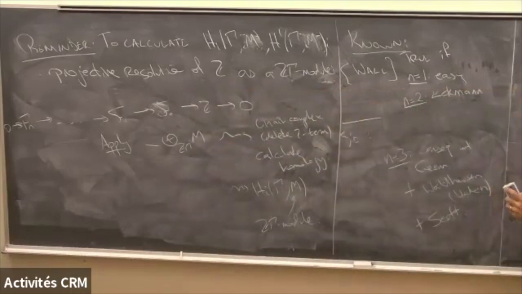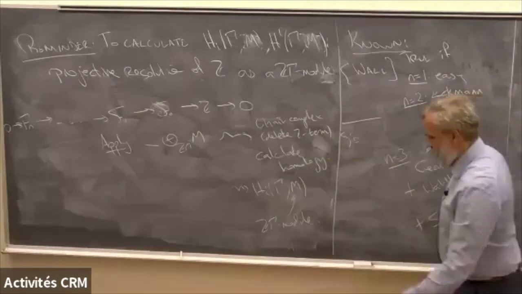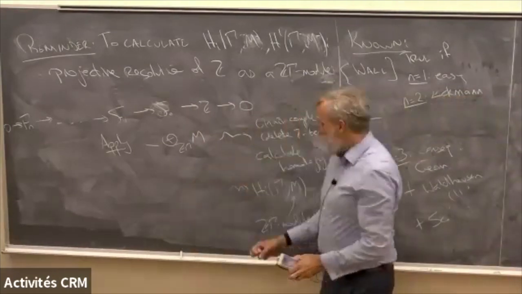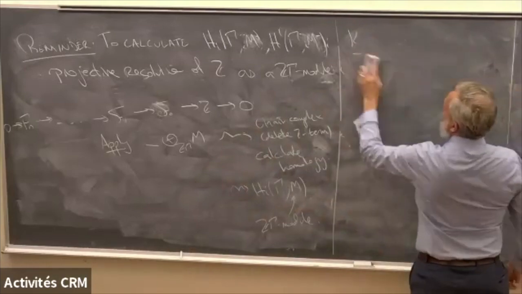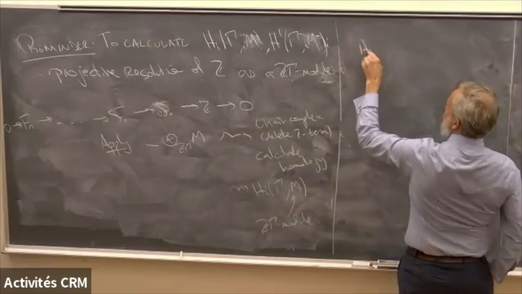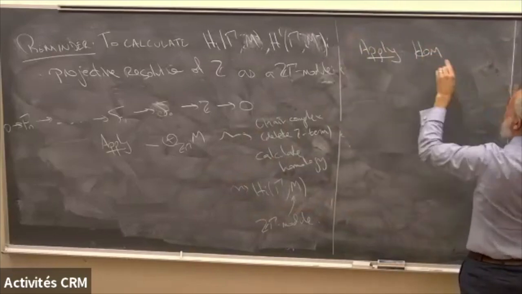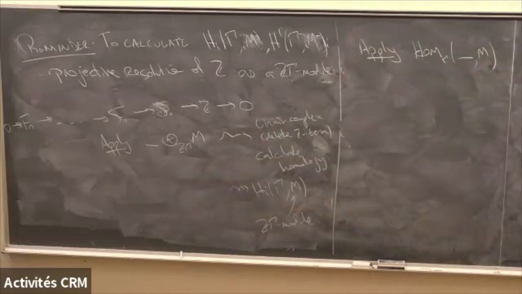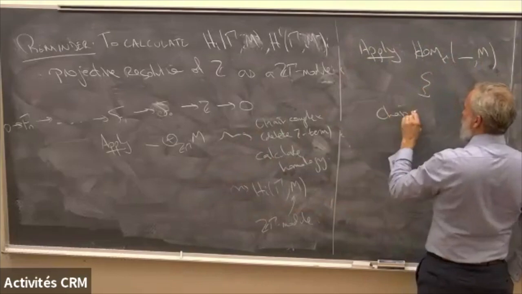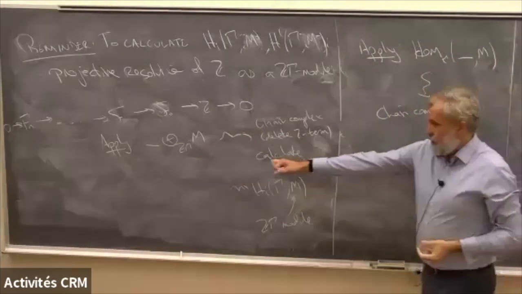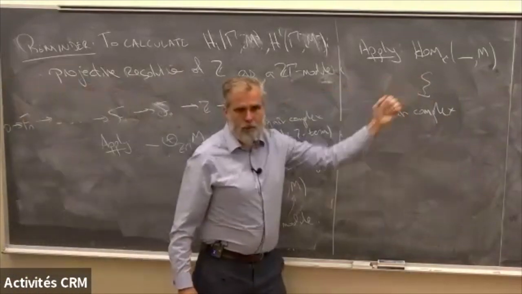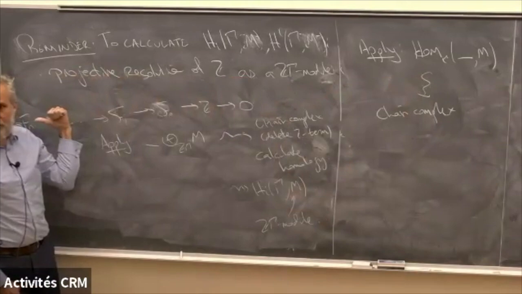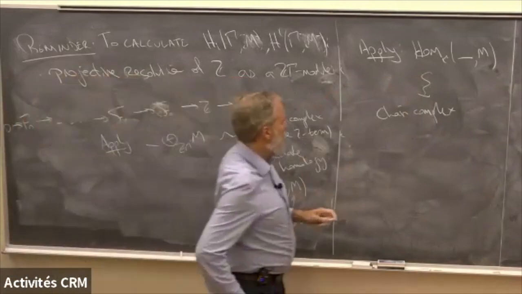On the exercise sheet, I explained how you might work out a couple of examples of this if you have never done it before or it's been a while. The other thing you can do is apply that functor, Hom to M. The tensor functor is covariant, so arrows continue to go in this direction. When you apply Hom, it's a contravariant functor, so now arrows go in this direction, and that's why we're going to calculate cohomology.